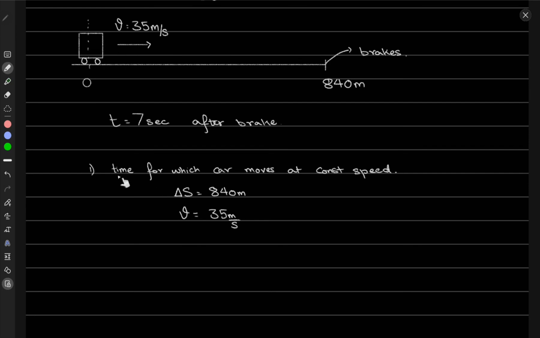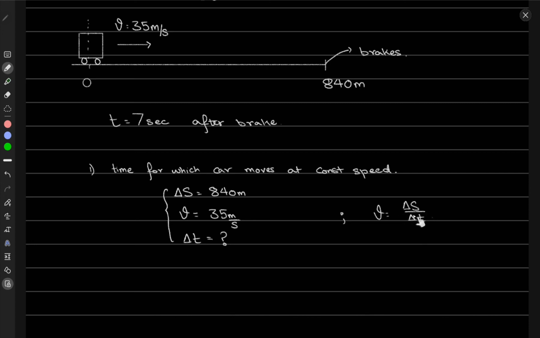And I'm required to find the time for which it is moving at this speed. So I have these quantities, and I know an equation which relates all these three: V is equal to delta S by delta T.